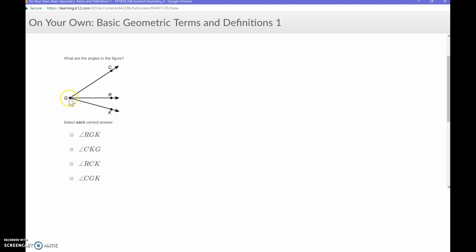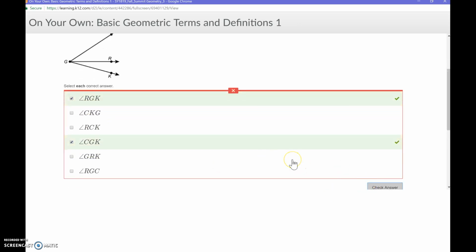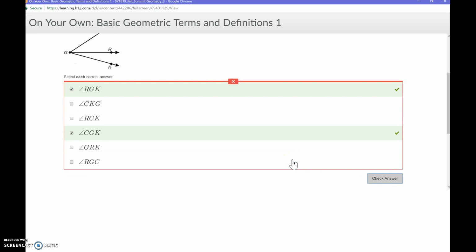So we have endpoint G. So RGK, that's an angle. And the only other one with G in the middle, CGK, that's also an angle. So let's check our answers. Oh, we didn't scroll down far enough.